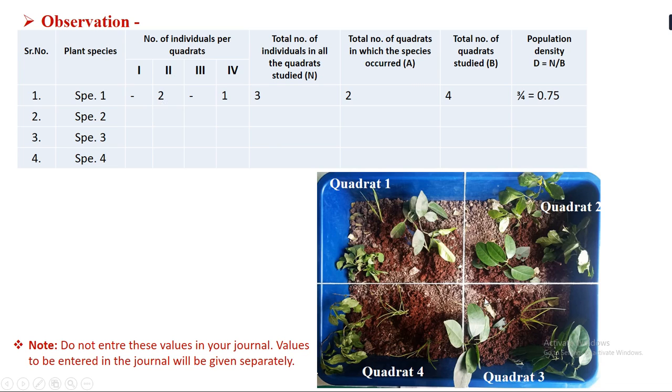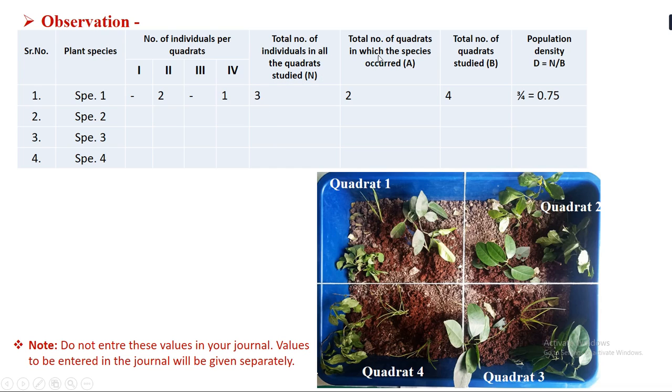In the third quadrant, again no Duranta is growing, so there is no value. And in the fourth one, there is 1 growing, which is over here. So that is 1, and if you total it, it becomes 3. So the total number of individuals in all the quadrants studied is 3.